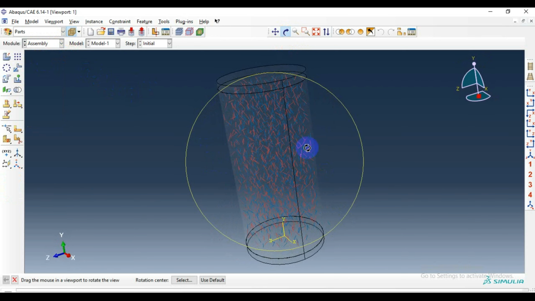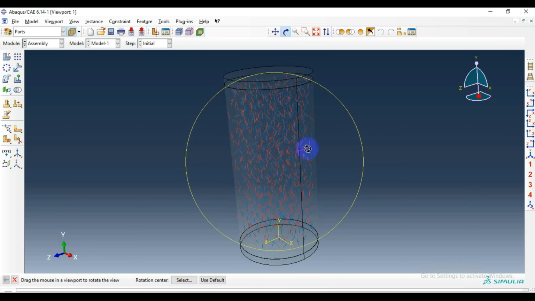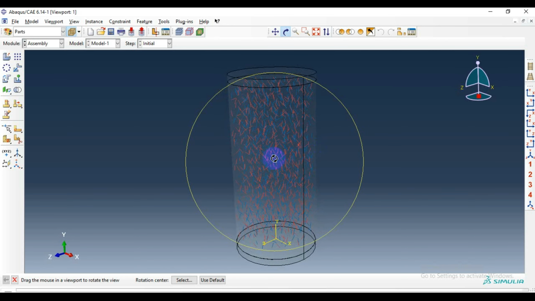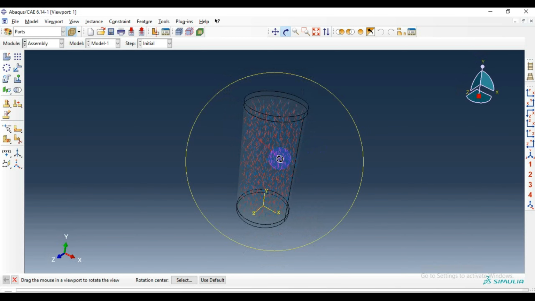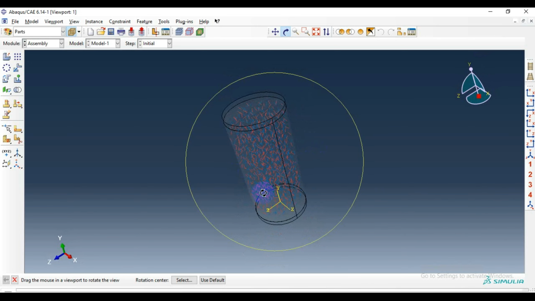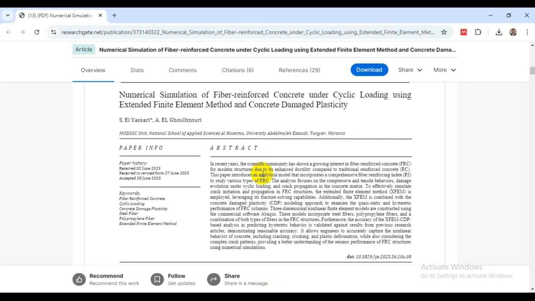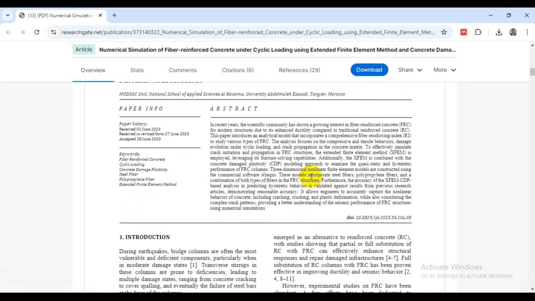The concept of adding fibers to materials such as concrete to enhance their properties has been around for centuries. However, the modern use of fibers in concrete started, as per some literature, in 1960, initially with the use of steel fibers, and many research articles have quoted it here.